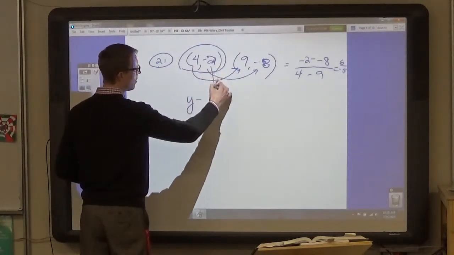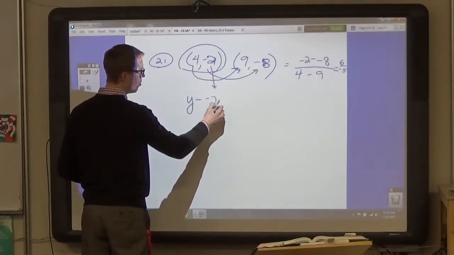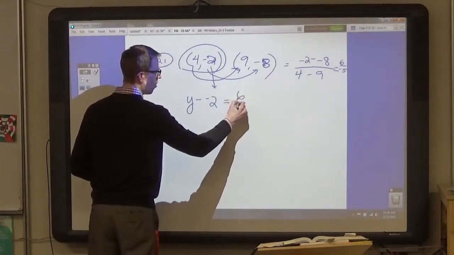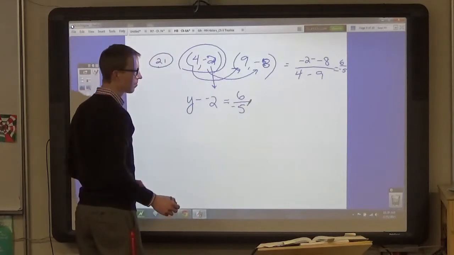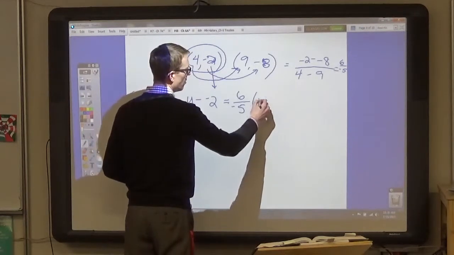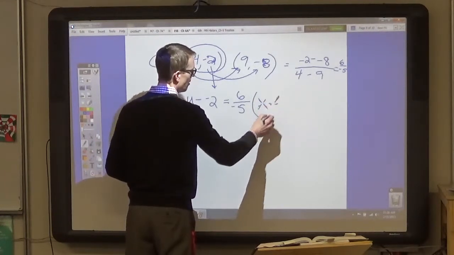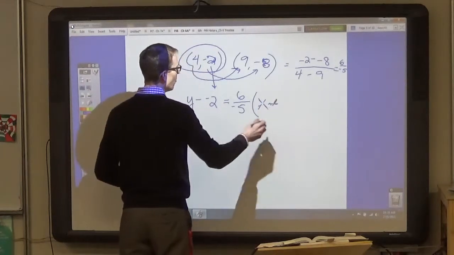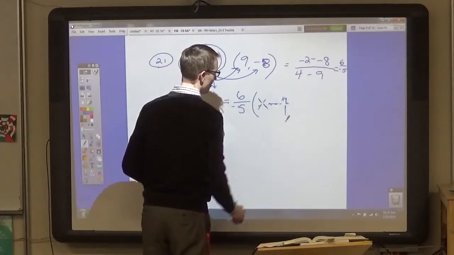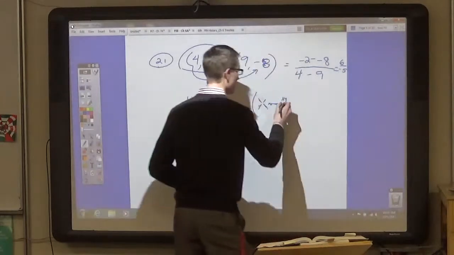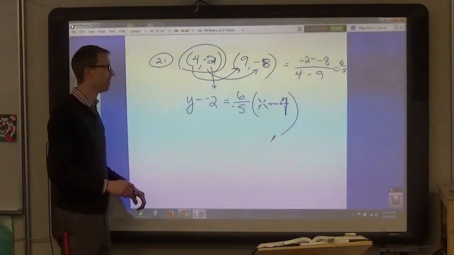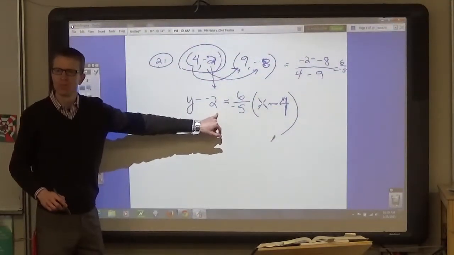So y minus y1, y1 is -2, equals m, the slope, 6 over -5, which is just -6/5, times x minus 4. Now what does this become? That would become y plus 2.